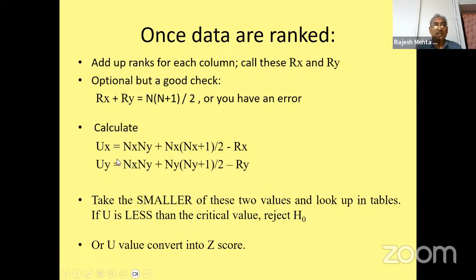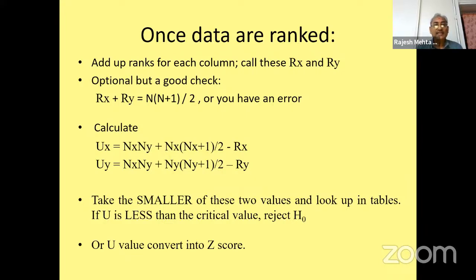Now, when you calculate Ux and Uy, there's again a formula which we'll be looking at. This Nx is the first series, Ny is the second series, and Rx is the total, Ry is another total. Once you have this Ux and Uy, take the smaller of these two values and look it up in the tables.